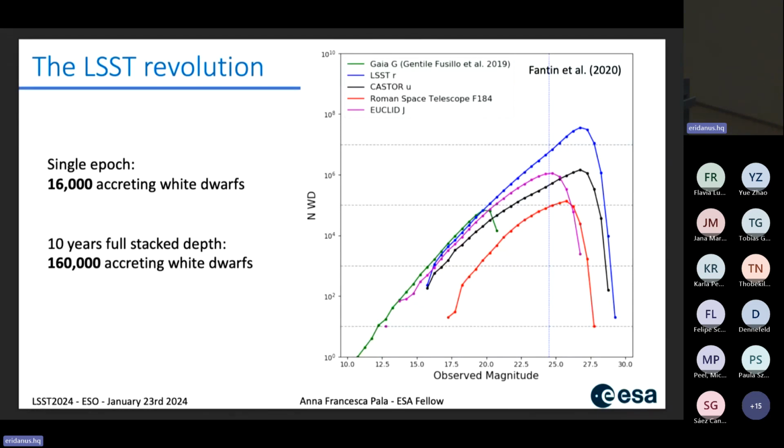Since we know the relative number between white dwarfs and accreting white dwarfs, we can estimate that in a single visit, with the survey down to 24.5 magnitude, we will expect to find 60,000 accreting white dwarfs. And by the end of the survey, we will have 160,000 systems.